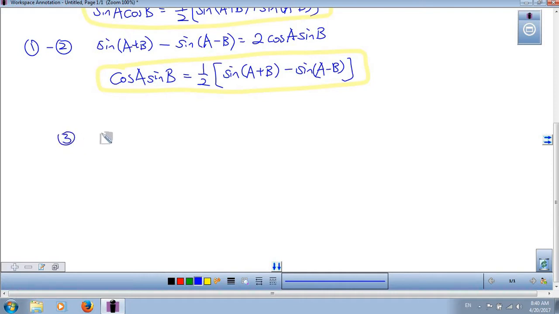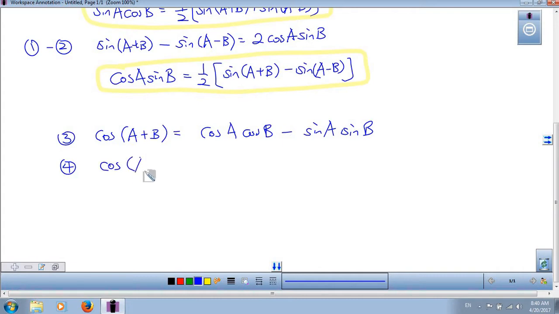Let's call this equation 3: cosine of A plus B is cosine A times cosine B minus sine A times sine B. And let's call equation 4 the other one: cosine of A minus B is cosine A cosine B plus sine A sine B.